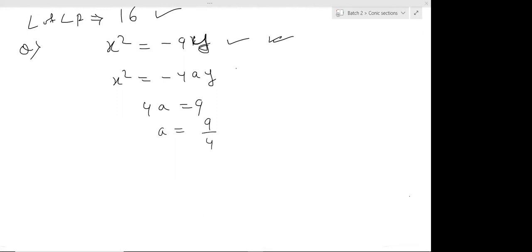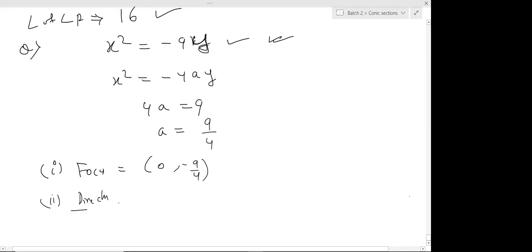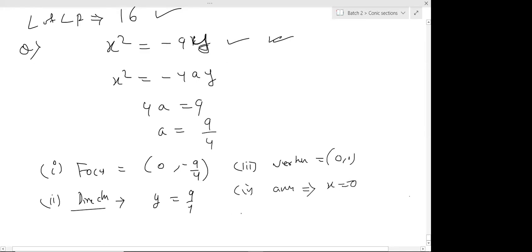And focus is 0 comma minus 9 by 4. And directrix is y equals 9 by 4. Vertex 0 comma 0. And axis x equals 0. And length of latus rectum is 9.